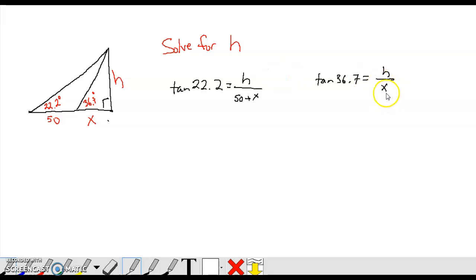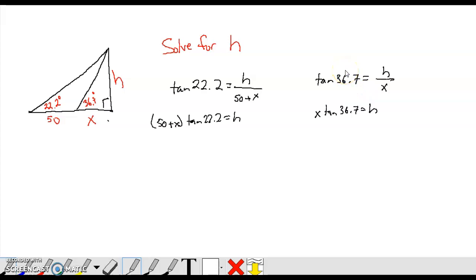Well, since they both have h's, I bet I could use a system of equations to help solve for this. So I'm going to say this is 50 plus x, parentheses, tangent of 22.2 is equal to h, and this will be x tangent of 36.7 equal to h.